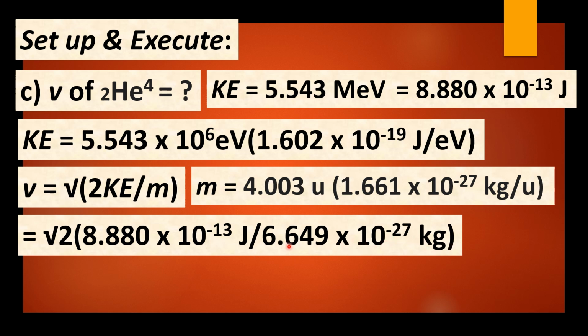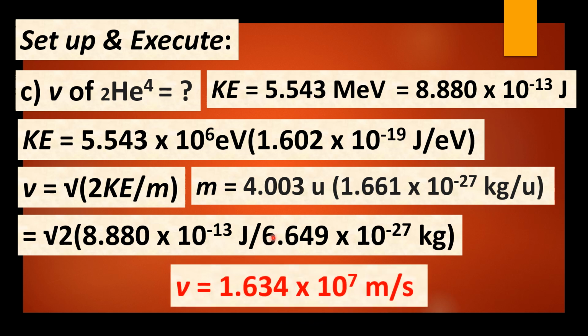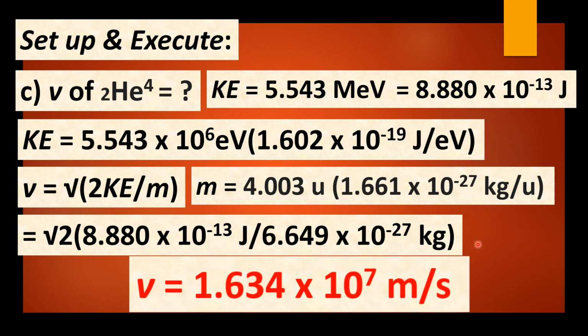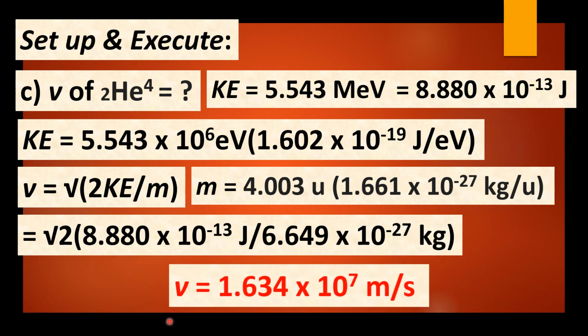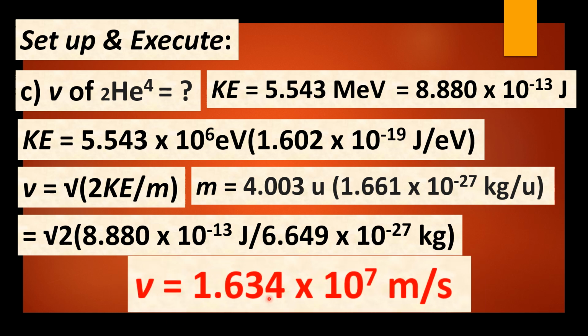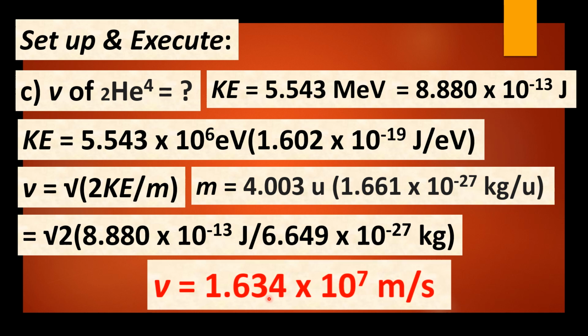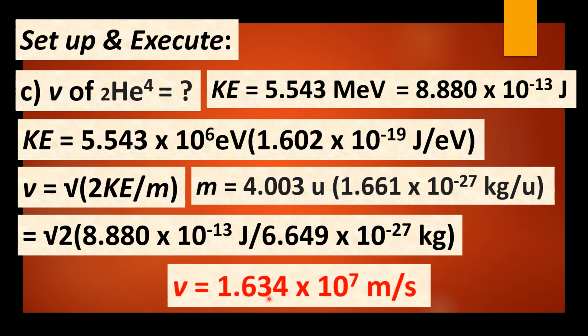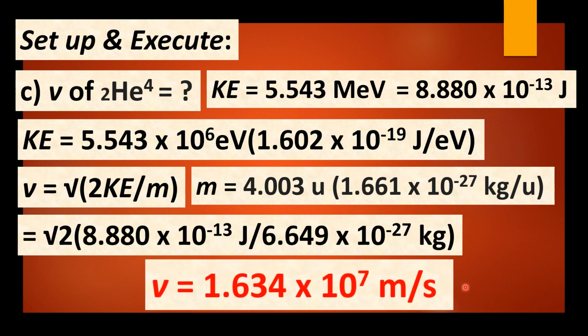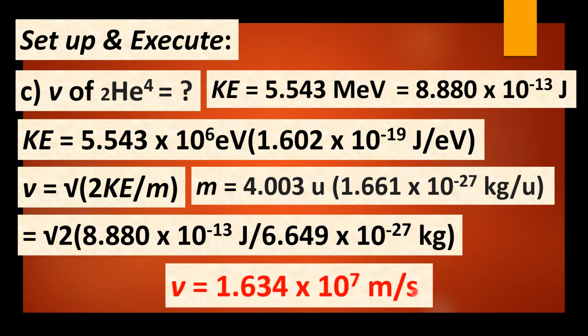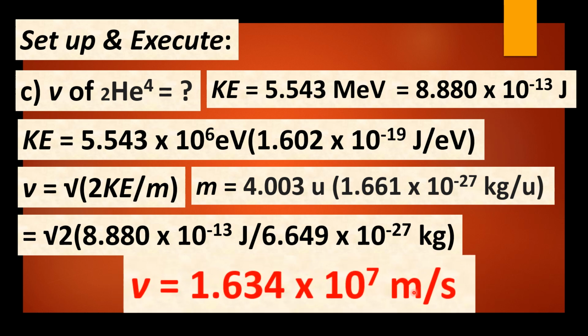So, when simplified, we will get the value of the speed of the alpha particle emitted, which is equal to 1.634 times 10 to the 7th power meters per second, also in 4 significant figures.